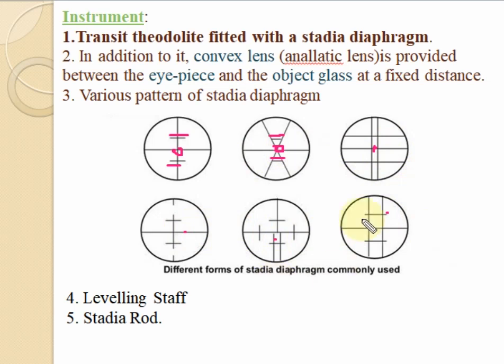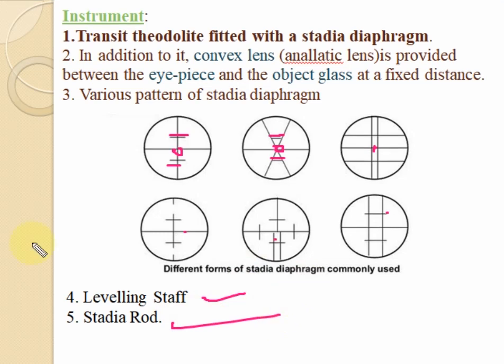So, what is the instrument required for the tachometry? First, you require a tachometer, another is the leveling staff and the stadia rod. These are the instruments required for tachometry.